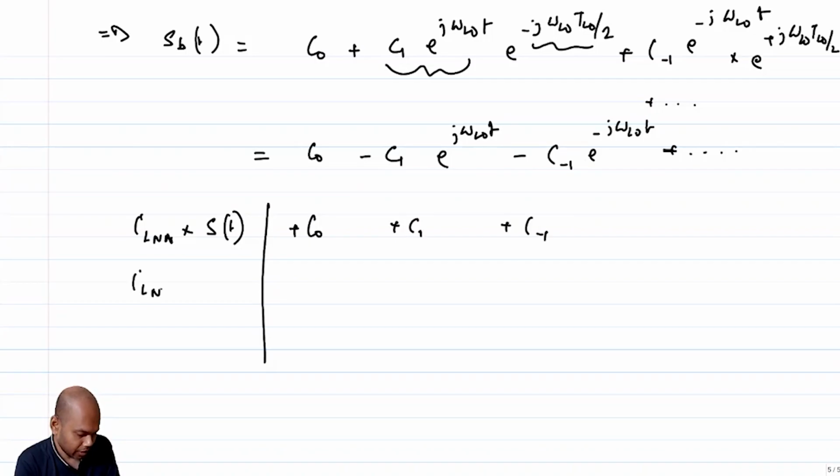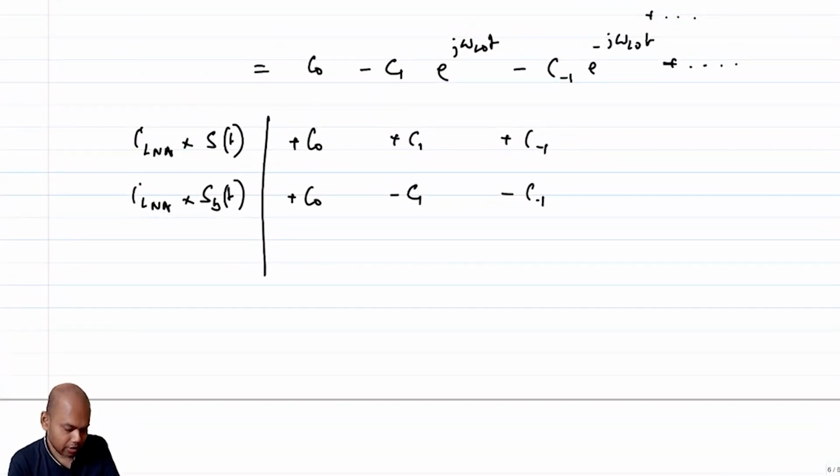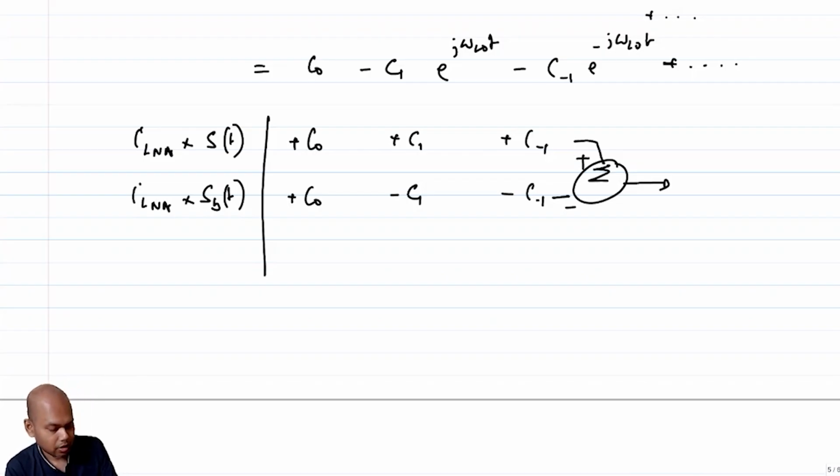But if I multiply ILNA with SB of t, I get plus C0 but negative C1 and negative C minus 1. Correct? So in principle, if I subtract these two, then I should be getting rid of C naught, and I only get C1 and C negative 1, which we actually want, right?